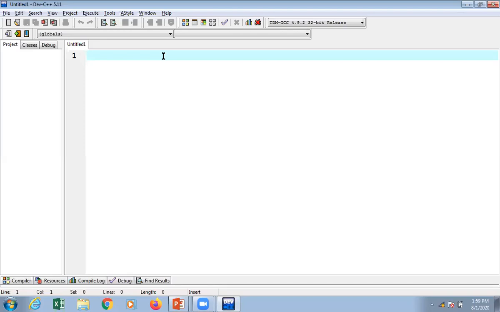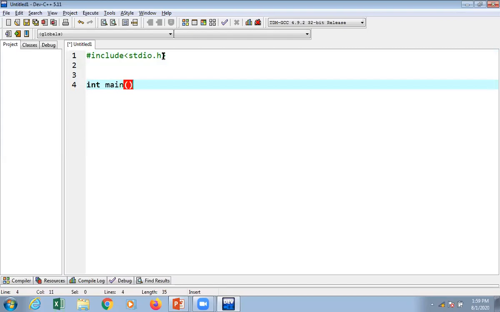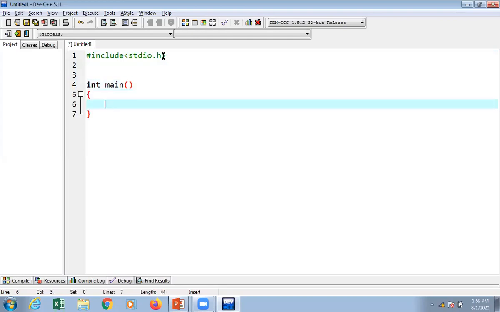Okay, we start from the main function. So we are including the library stdio.h, and int a, b, will be taking n also.